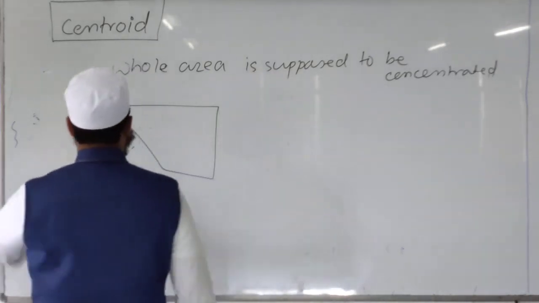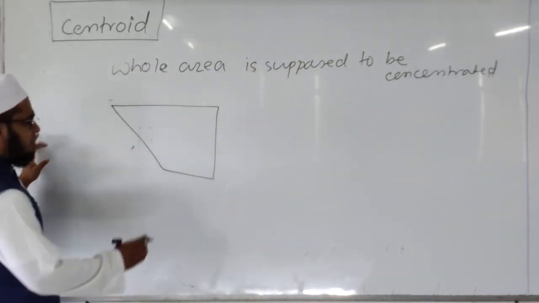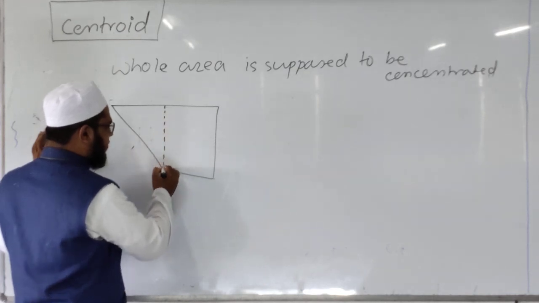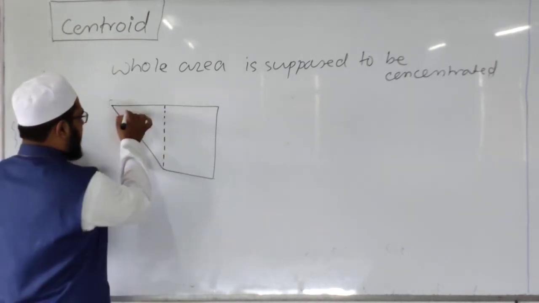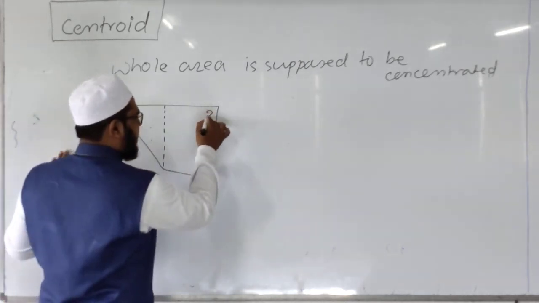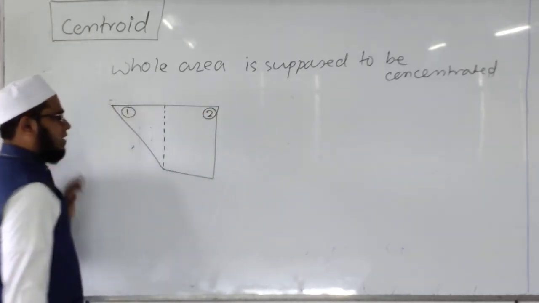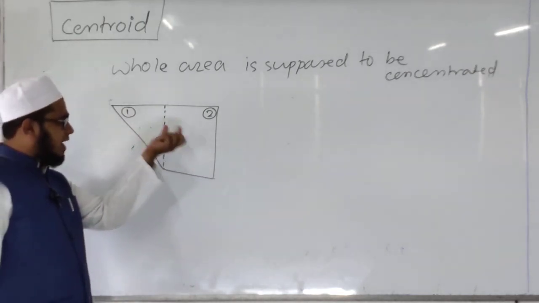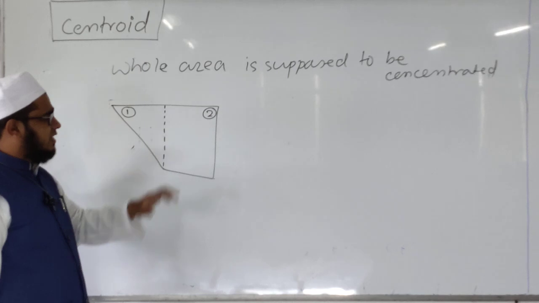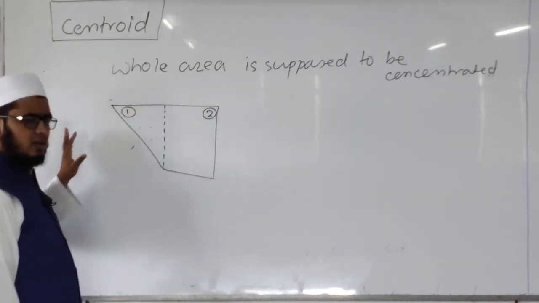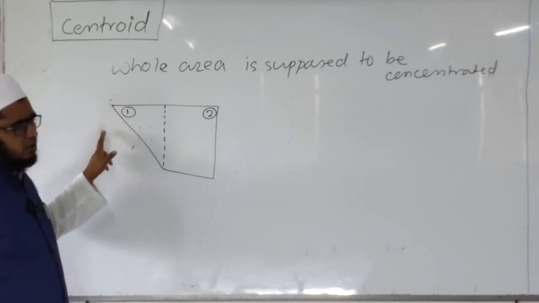So for determination of the centroid of an irregular shape, I will divide the given figure into standard figures. The first standard figure is a triangle and the second is a rectangle. I will use the centroid values of this triangle and rectangle to determine the centroid of this combined irregular figure.